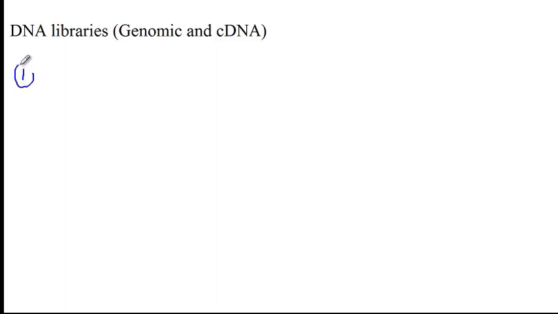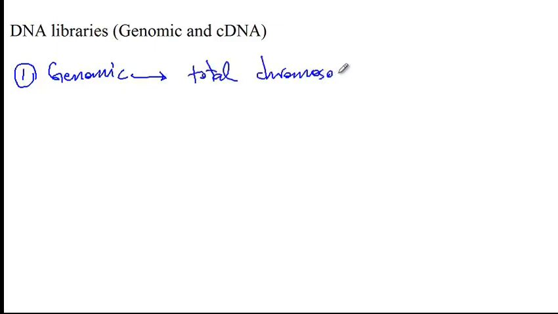So the first DNA library that we have is called the genomic DNA library, and as the name implies, these are the DNA that are isolated from the genome of that organism, and therefore it consists of total chromosomal DNA of an organism. And how it's being done is that we cannot clone the entire DNA into any vector.